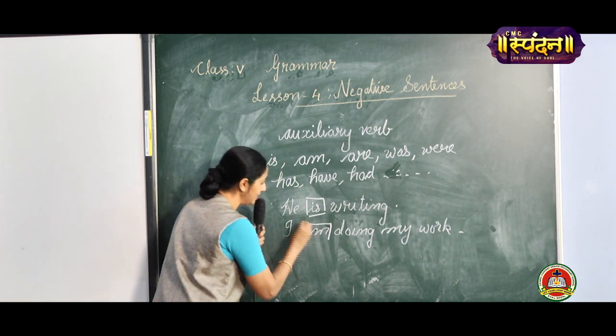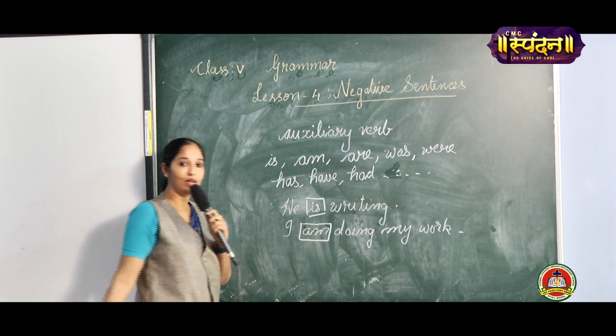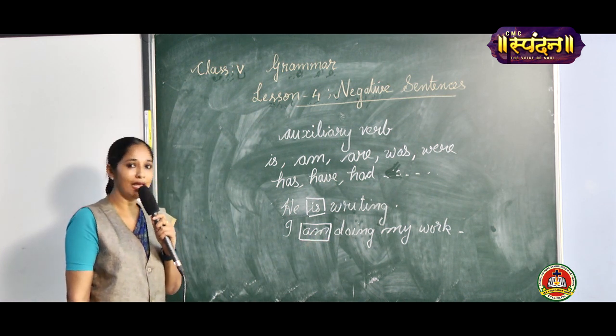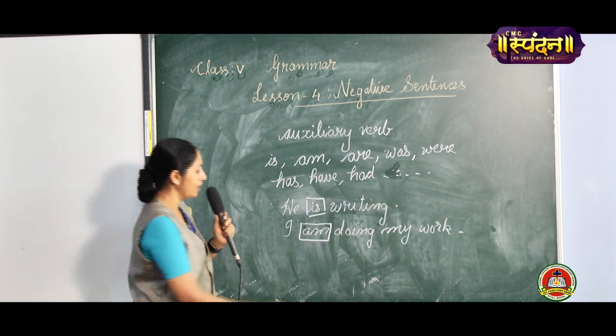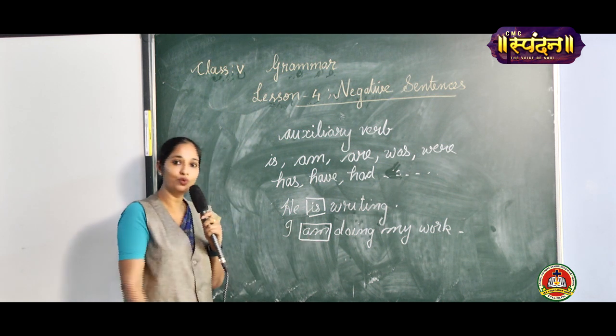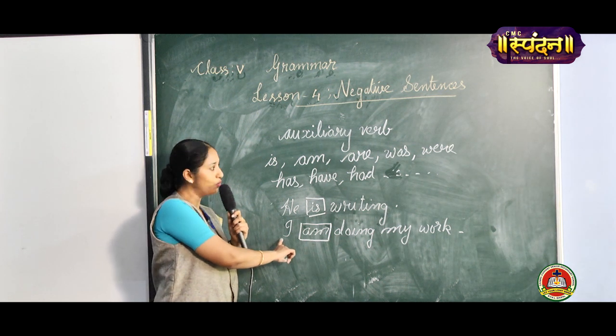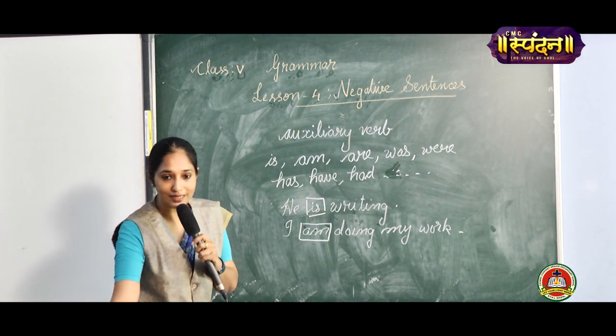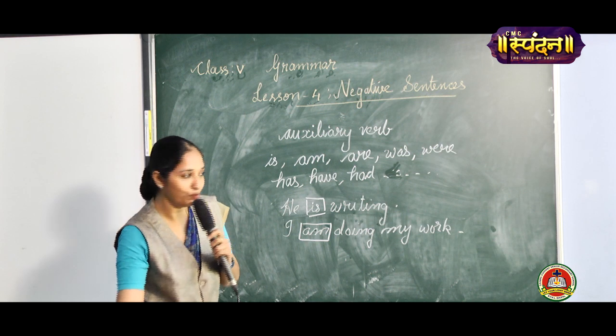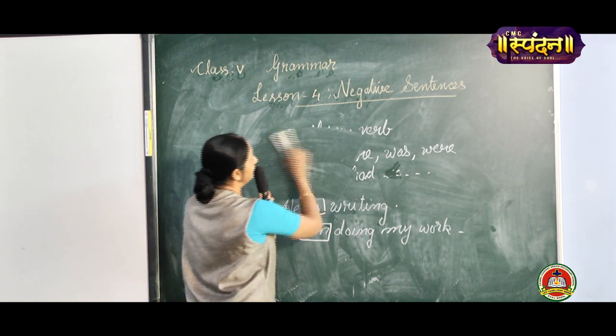In the second sentence, am is an auxiliary verb or helping verb. And you know, am we use only with first person I. So hope you understood the topic auxiliary verbs. Now let's move to the next category.